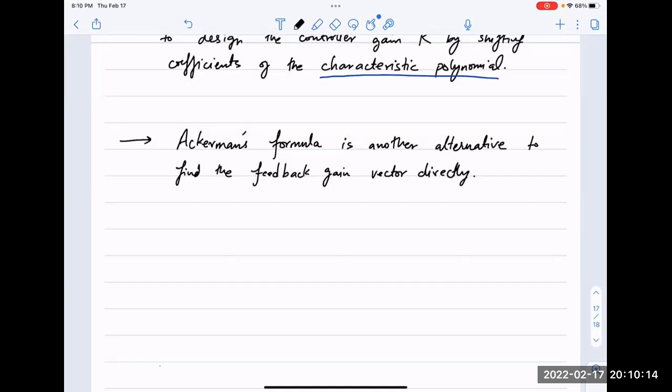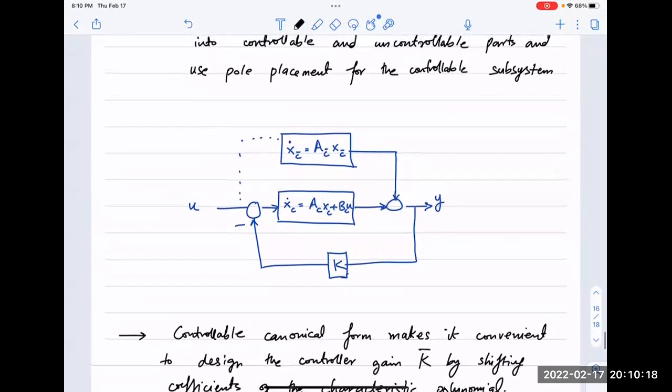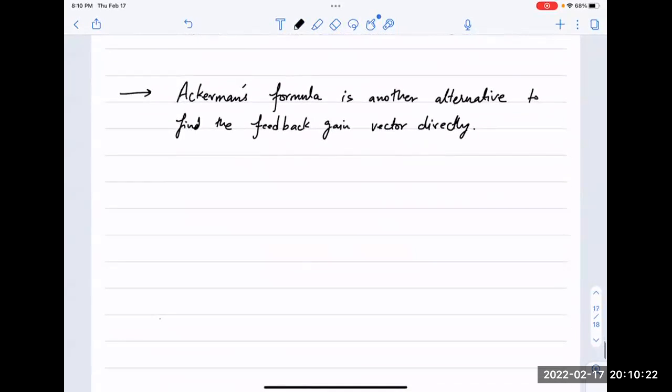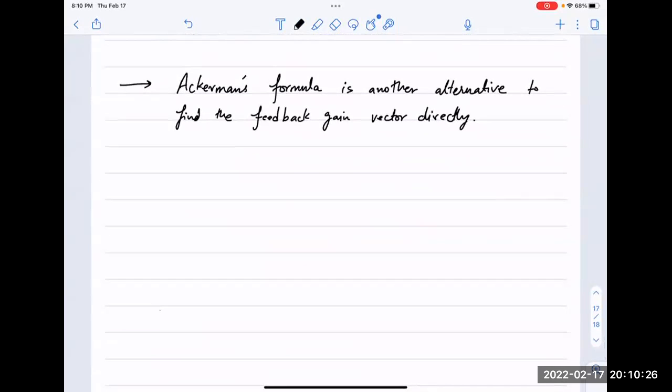In an ideal world, this is what you will do, that we have seen today. If you want to make a system stable, you could do it by just designing a state feedback, and you determine the gain K, and that's going to make the system behave in a certain way.